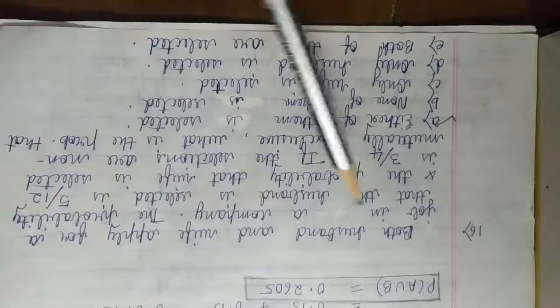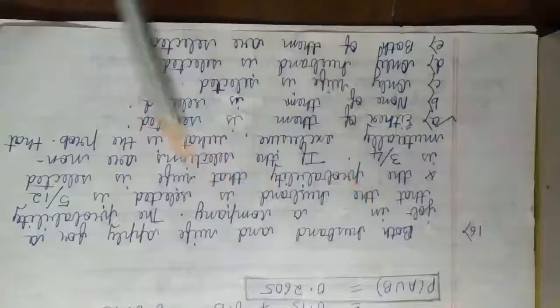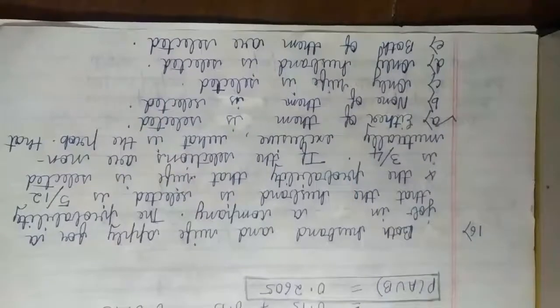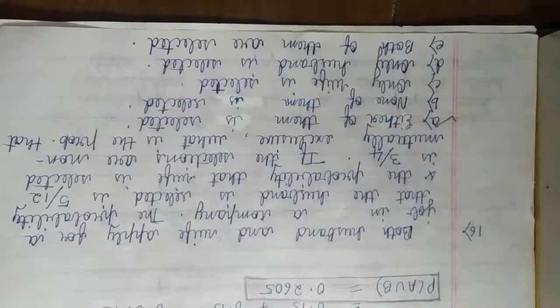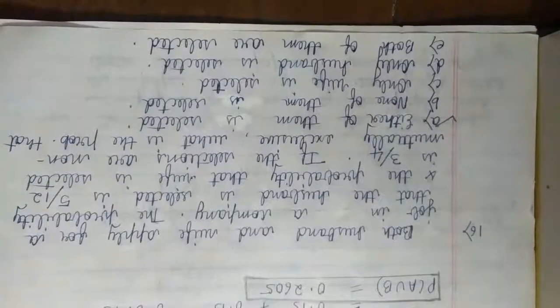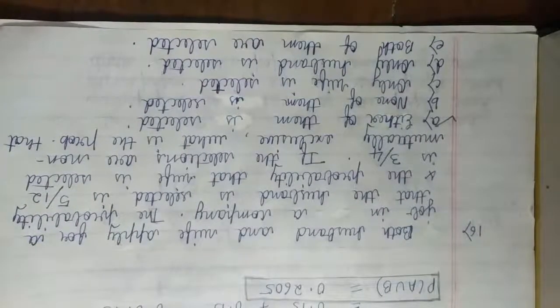Both husband and wife apply for a job in a company. Okay, both are applying for a job. So what happens is the husband might be selected, the wife also can be selected, both can also be selected. So these are non-mutually exclusive events, both can happen at the same time. Let me go through this problem.